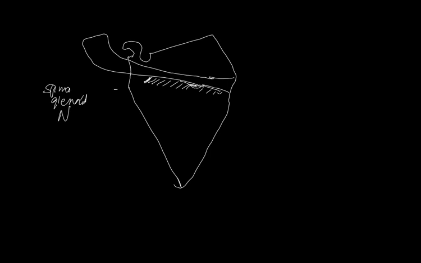Now here you have the humerus, and here you have the capsule. So from the supraspinous region you have the supraspinatus, which goes and gets attached to the superior part of the greater tuberosity.